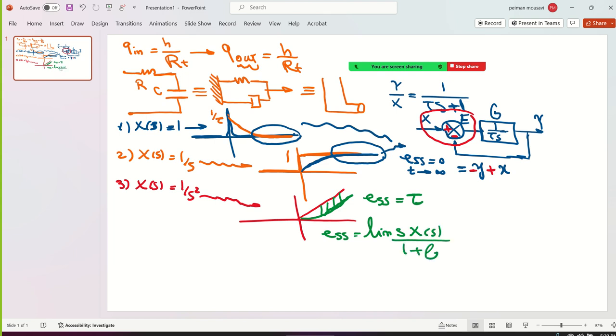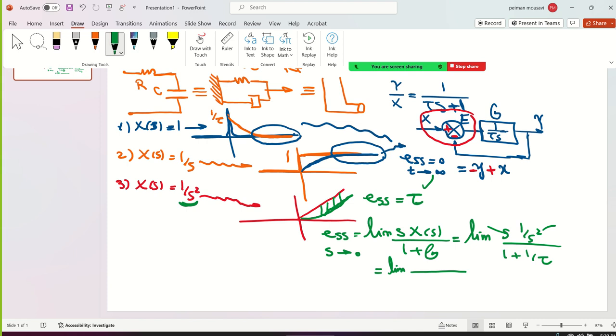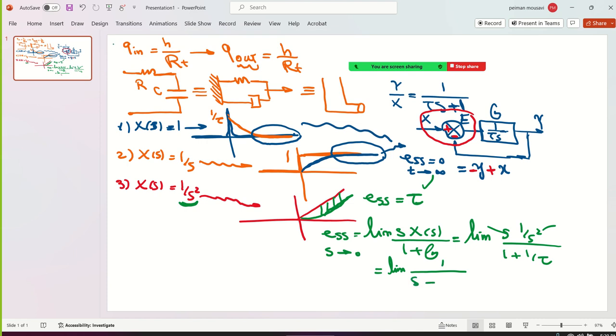So the limit of s times x of s, for the ramp 1 over s squared, divided by 1 plus 1 over tau s, becomes the limit of 1 over s plus 1 over tau.